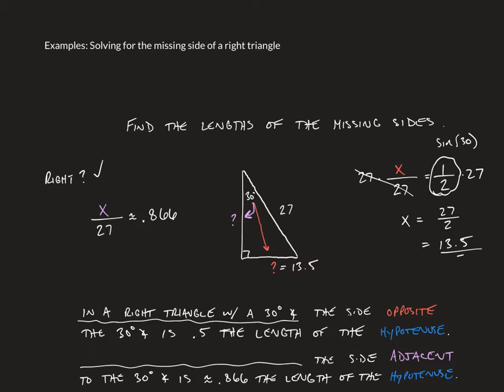And so to find x, all I have to do is multiply both sides by 27. So I'm going to find that x is approximately, and I'll do the calculation here, 0.866 times 27, 23.382. Now, this is approximate.